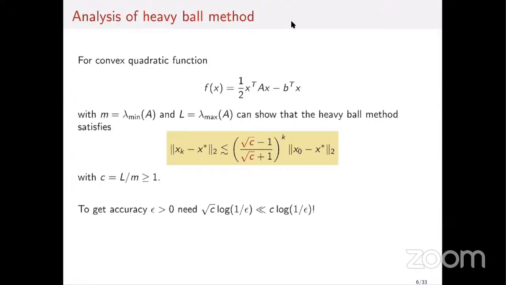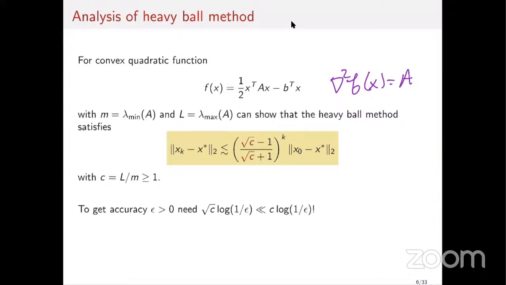Here the Hessian of f is just equal to A, a constant. So the strong convexity constant is the smallest eigenvalue of A, and the smoothness constant is the largest eigenvalue of A. The condition number is the ratio of lambda max by lambda min, the condition number of the matrix A.